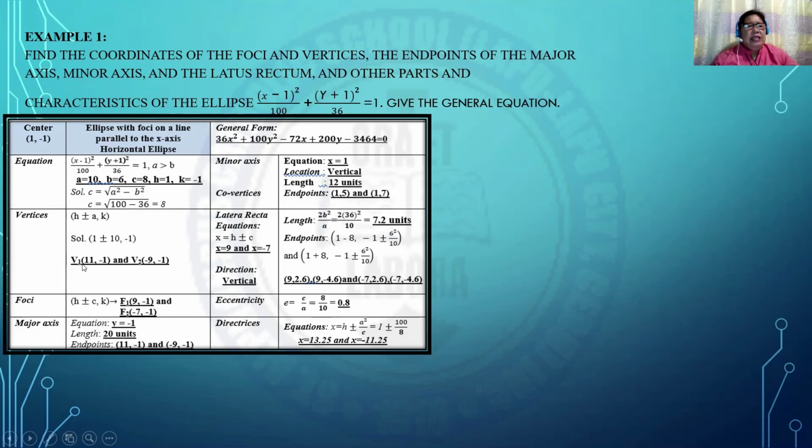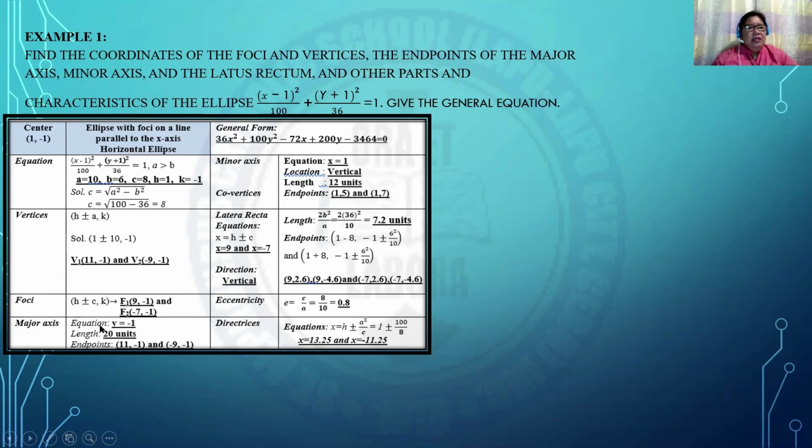So we have the vertices 11, negative 1, and negative 9, negative 1. For the foci, this is the formula. Substitute. So we have now the first focus is 9 and negative 1, and the coordinates of focus 2, we have negative 7 and negative 1.